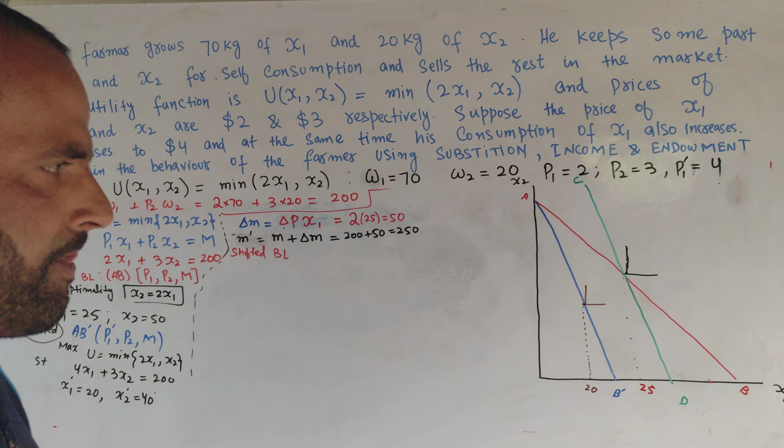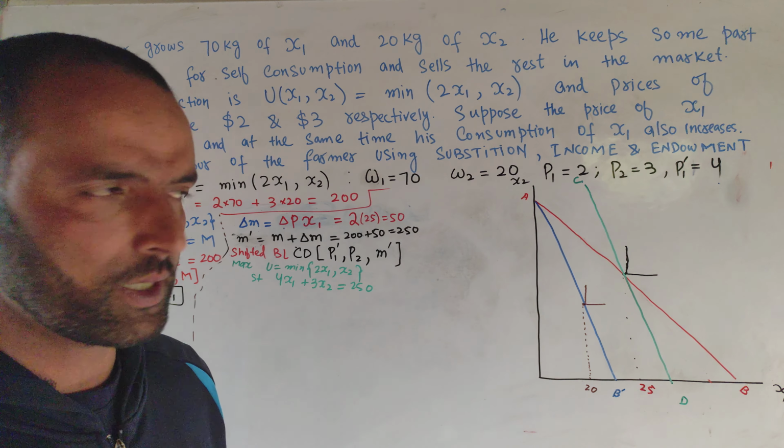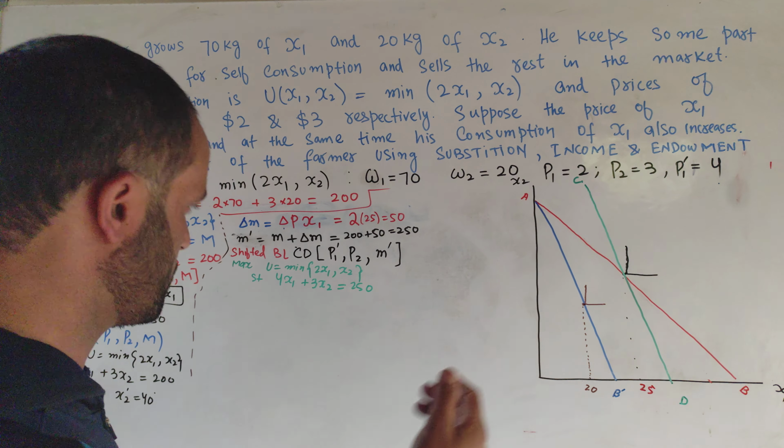What will be the new budget constraint? The price of good 1 is 4, so 4x1 plus the price of good 2, which is the same, 3x2, should be equal to the new income of the consumer, which is 250.